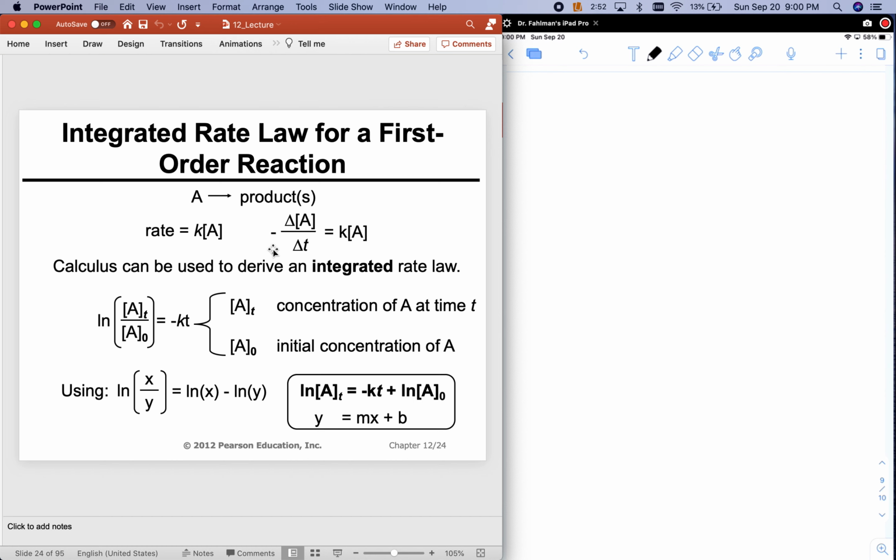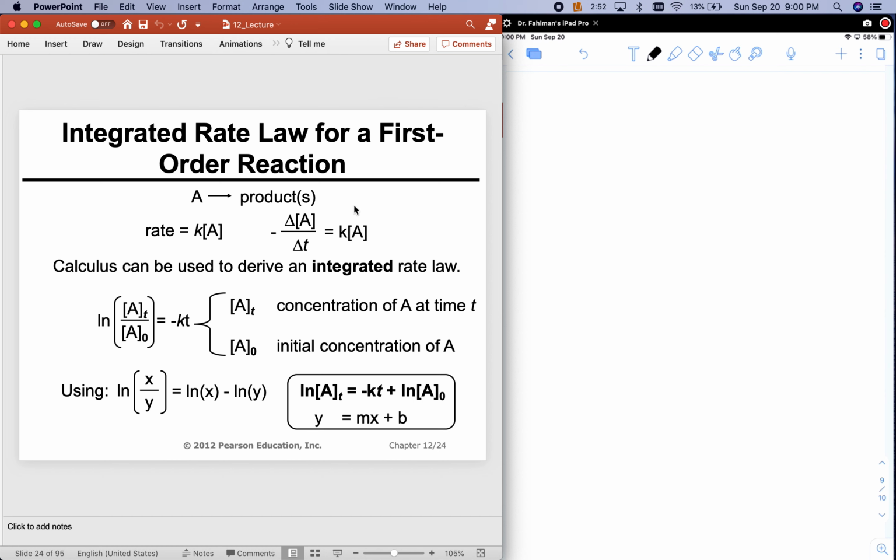You can then illustrate that as the negative change in concentration of A with respect to time is equal to k times concentration of A, right? This is just another way of saying rate. So these two equations are identical. They're expressed differently, but they mean the same thing.